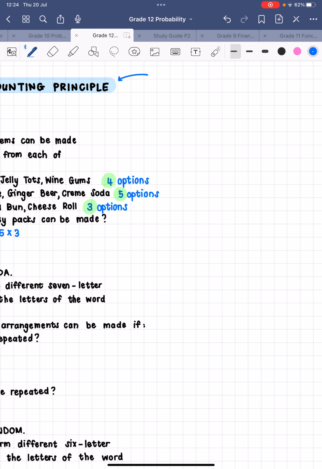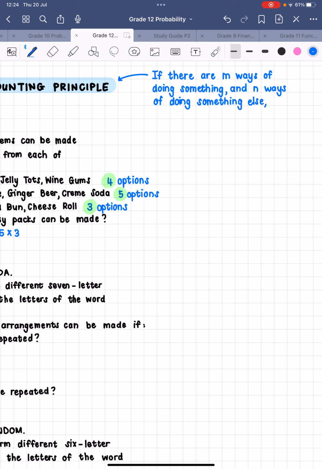And we can say, if there are m ways of doing something, and n ways of doing something else, there are m times n ways of doing both.